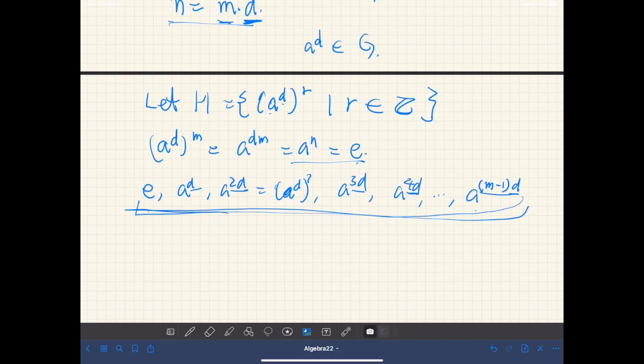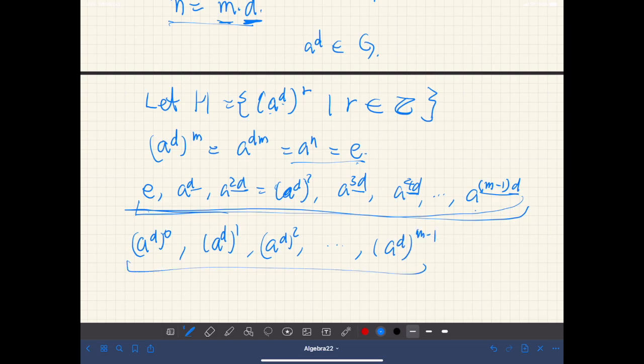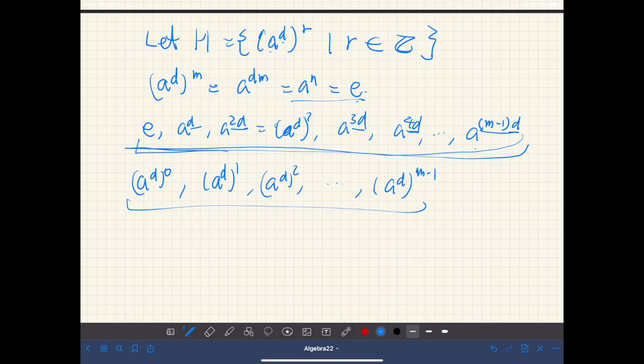So that means a to the power of d to the power of 0, a to the power of d to the power of 1, a to the power of d to the power of 2, and so on, up to a to the power of d to the power of m minus 1. So they are different. And if we add one more integer to the exponent, then this must be equal to e, right?